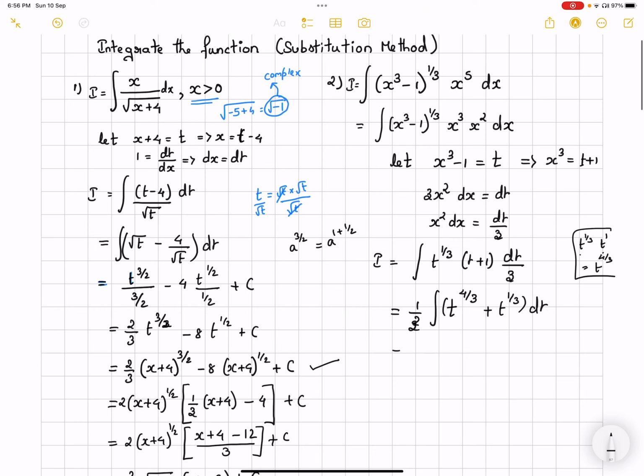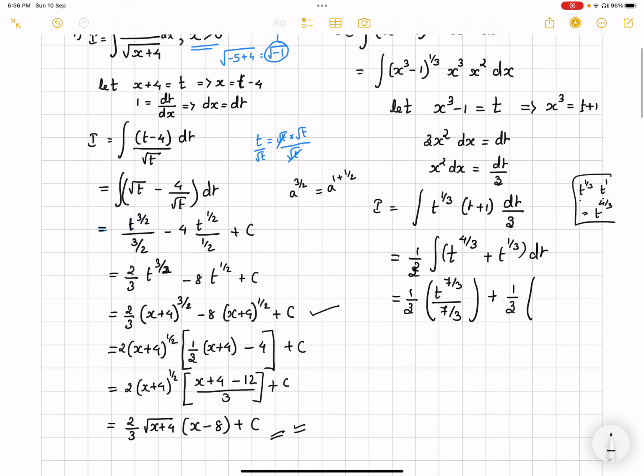Now let's integrate it. I would be getting 1/3, t to the power 4/3, when I integrate, I would be getting 4/3 plus 1, which is 7/3, divided by 7/3. And then plus 1/3 into t to the power 1/3. When I integrate, I would be getting t to the power 4/3 divided by 4/3, plus c.